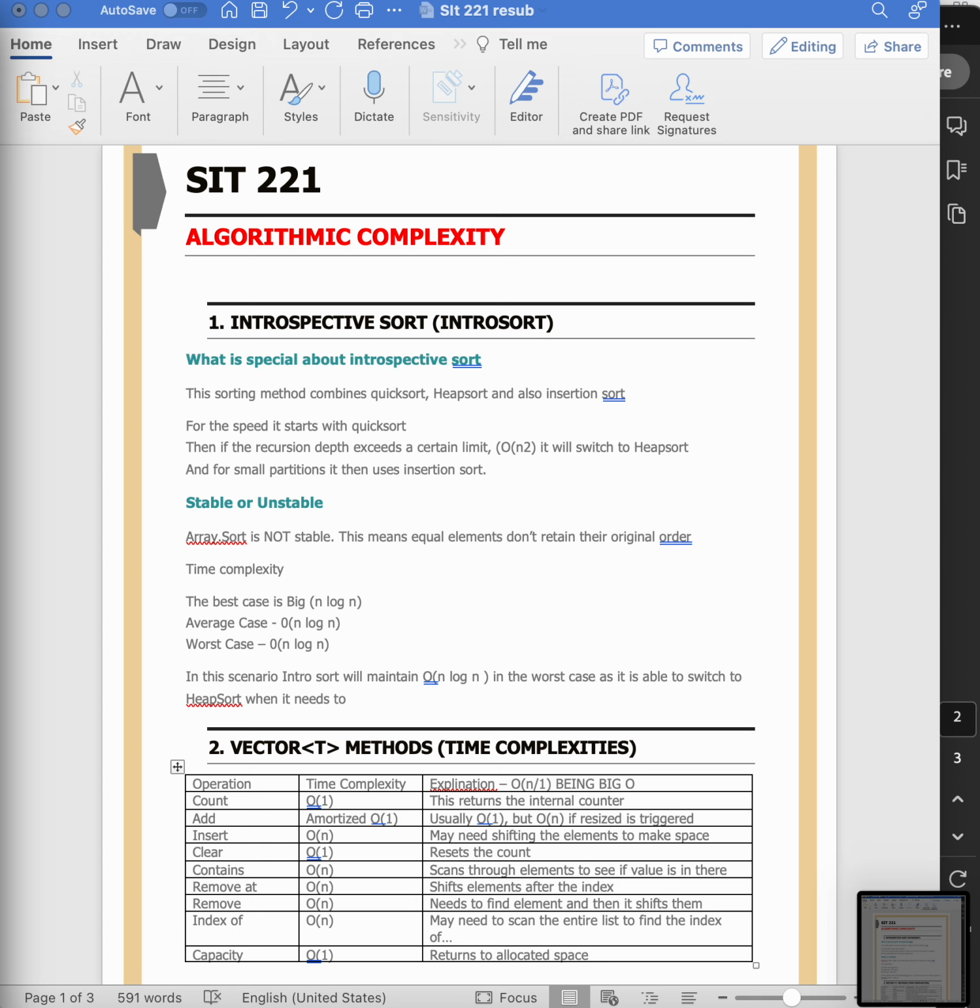So let's start. The first one, constant, returns the internal counter. The add is amortized.